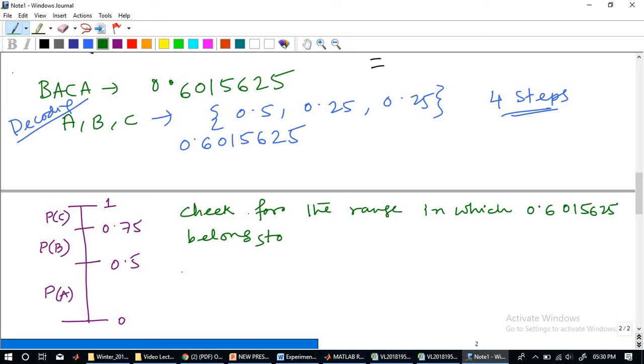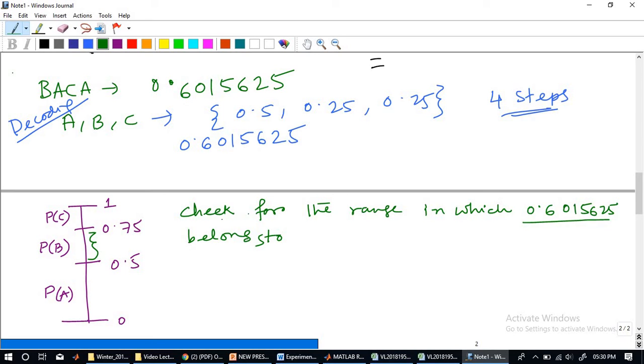So where does it belong? So check for this and categorize the range. Now you can check that the range is naturally within this part. Am I understandable in what I said? You get the code word, you check where it belongs among the 3 different ranges.